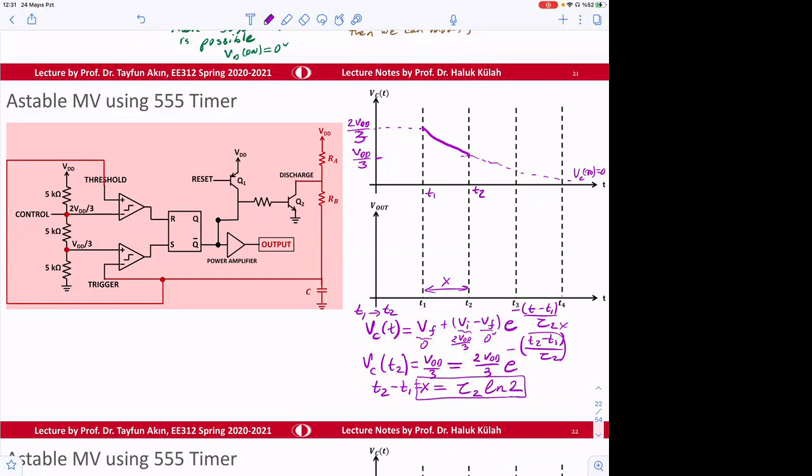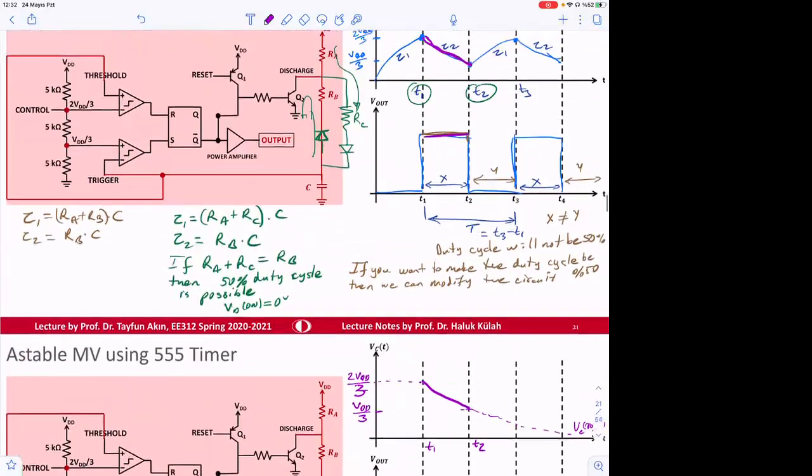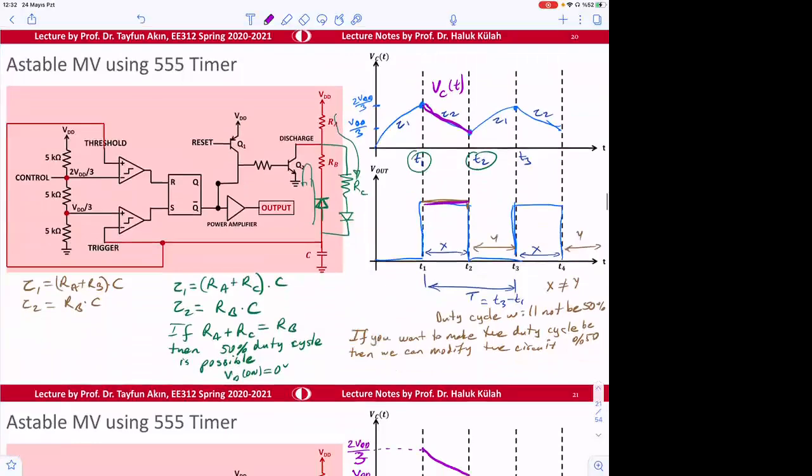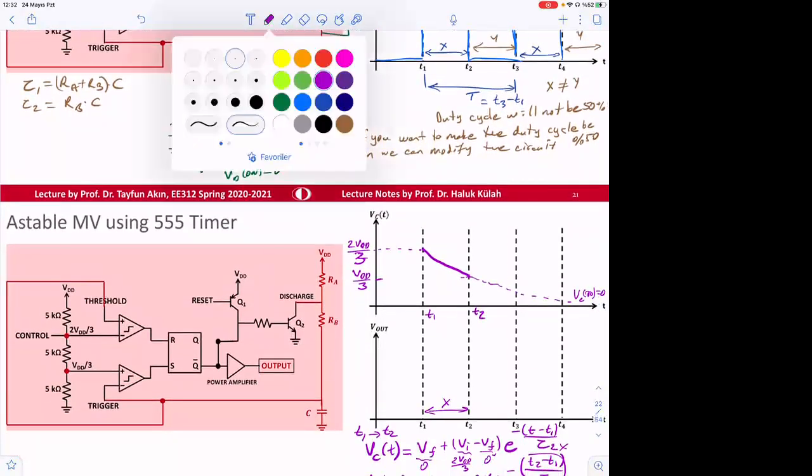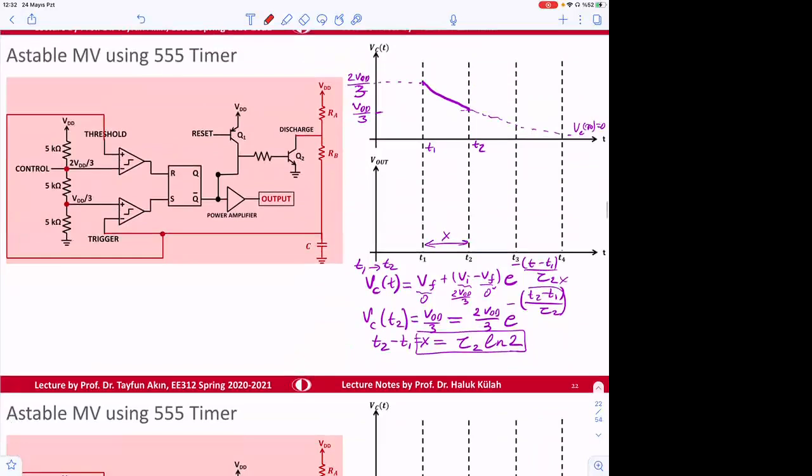Okay, so you can do the same analysis for the next cycle, let's say the red cycle. What about between T2 and T3? What is VC of t? VC of t is equal to, again, V final plus V initial minus V final times e to the power minus (t minus T2) divided by tau 1 this time.